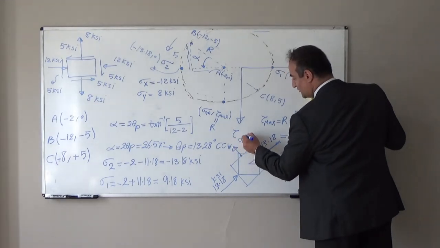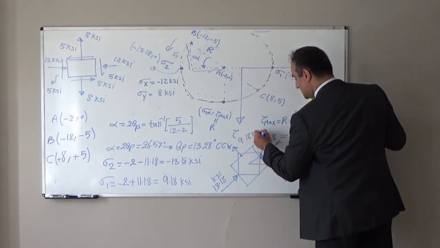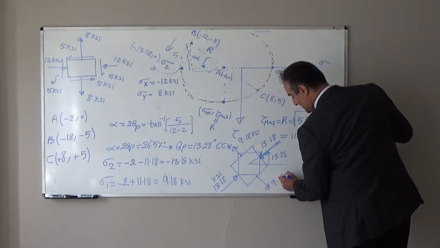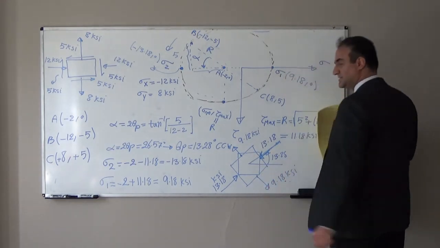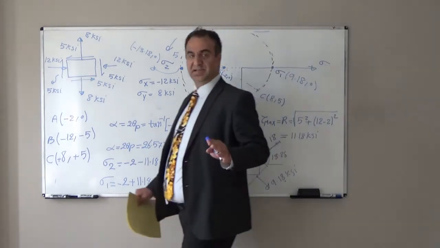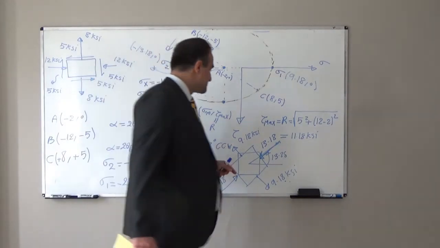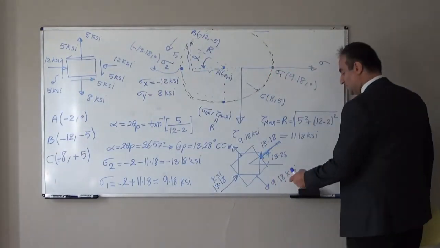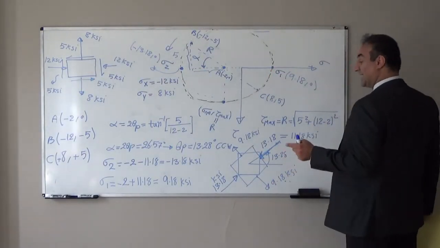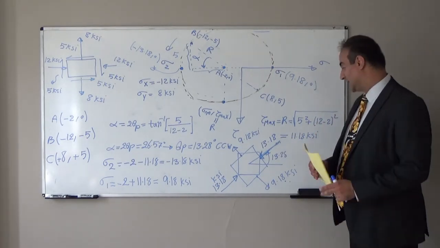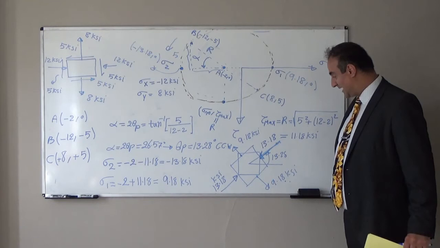We will have 9.18 KSI and 9.18 KSI. So the principal normal stresses, meaning maximum and minimum normal stress, will be positive tensile 9.18 KSI and negative compressive 13.18 KSI. In which direction do we have them?